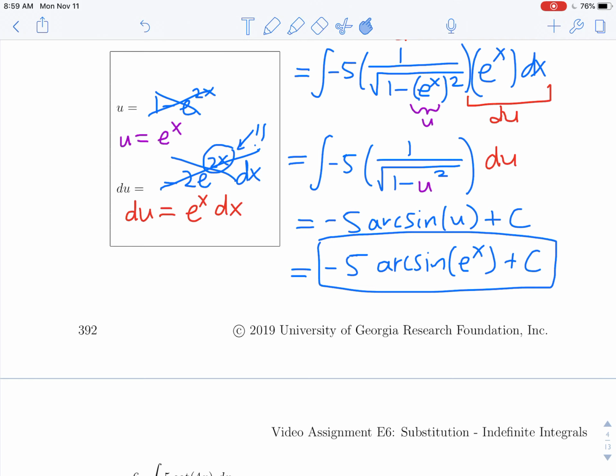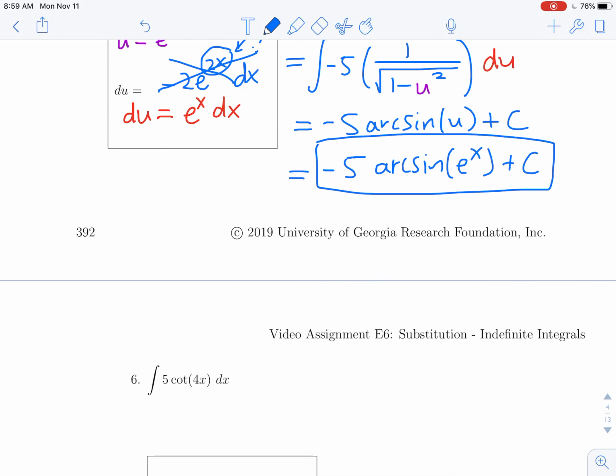And we might as well go ahead and do a check step. We'll squeeze it in at the bottom. So check, let's take the derivative of negative 5 arc sine e to the x.